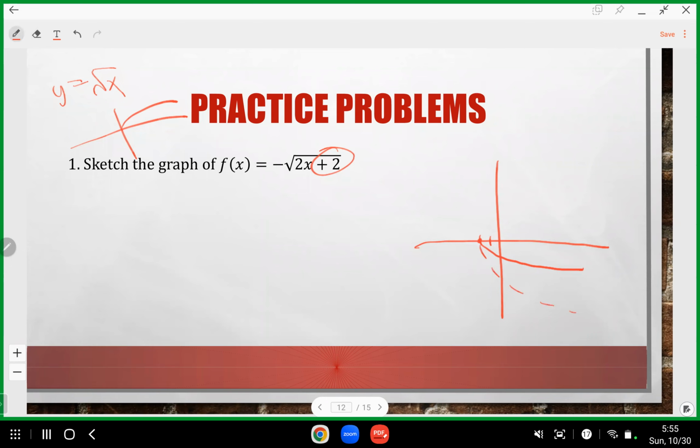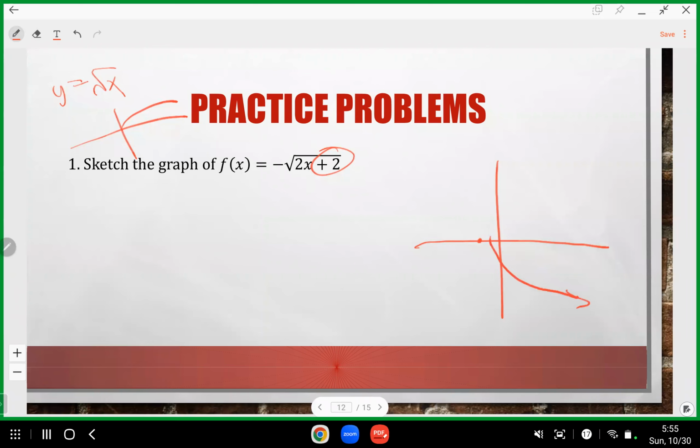But no, it's not going to stay in the same position, because you're already shifted 2 to the left. So by horizontally compressing it by a factor of 2, you're actually going to have to shift it back to 1 here. Not exactly to scale.